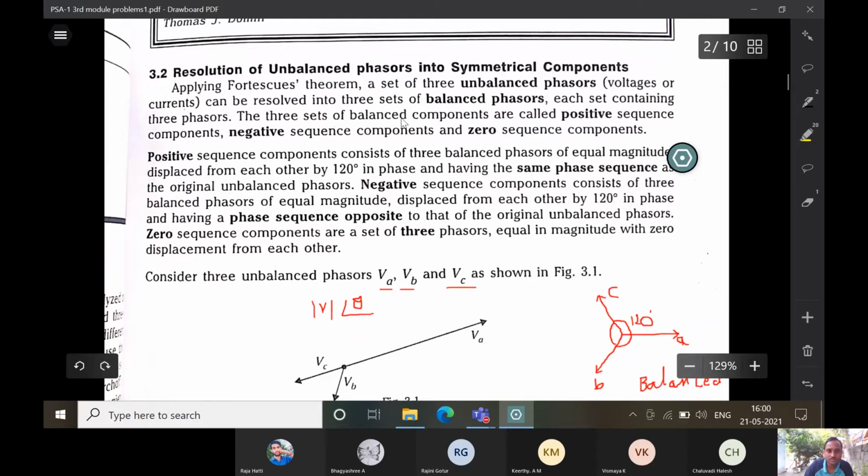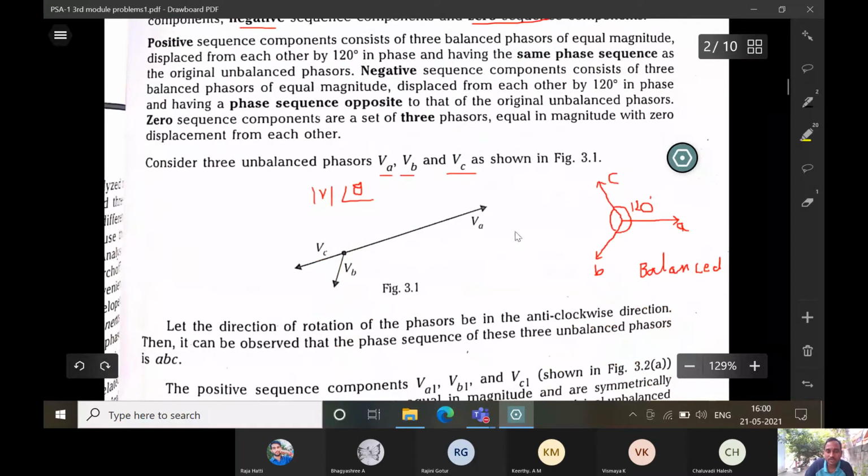Now a set of three unbalanced phasors, voltage or it may be current, can be resolved into three sets of balanced phasors, each set containing three phasors. The three sets of balanced components are called the positive sequence, negative sequence and zero sequence components.